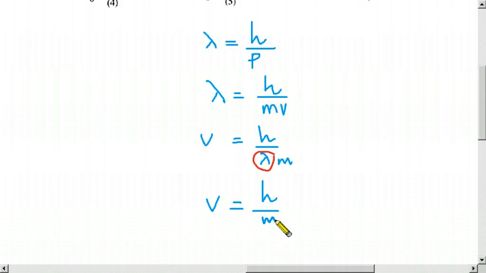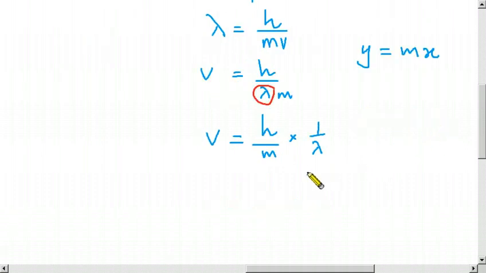Constant first: h is constant, m is constant. Then, as a multiplication, we have to write 1 over lambda like this, because we are trying to reach the y equals mx form. Here, instead of 1 over lambda, they have taken just lambda to the x-axis.